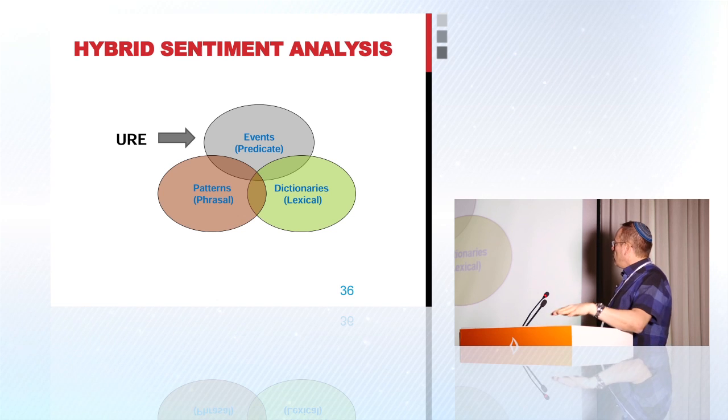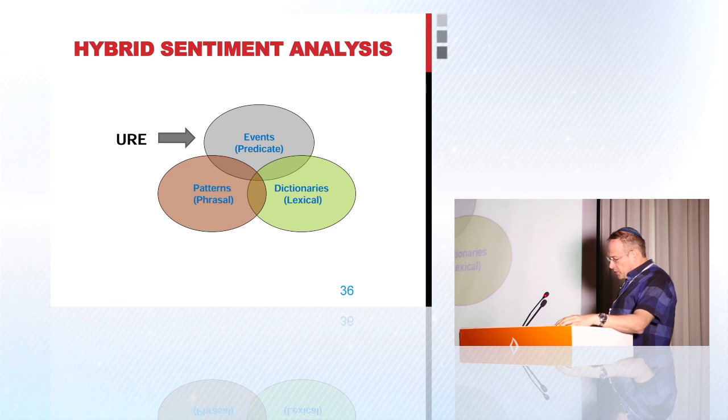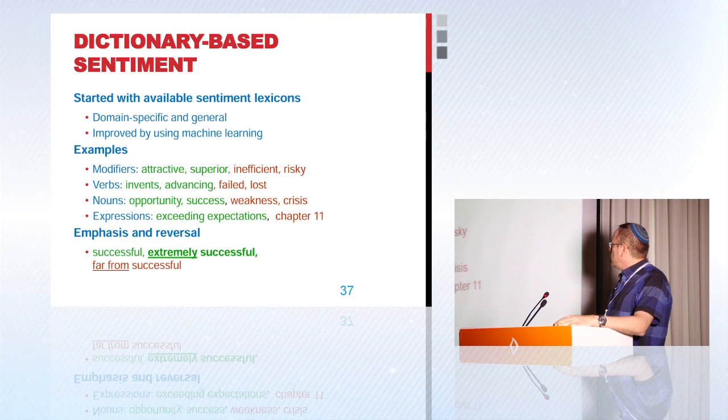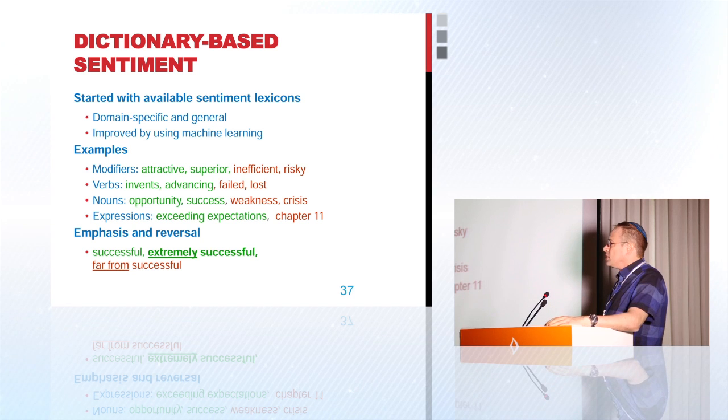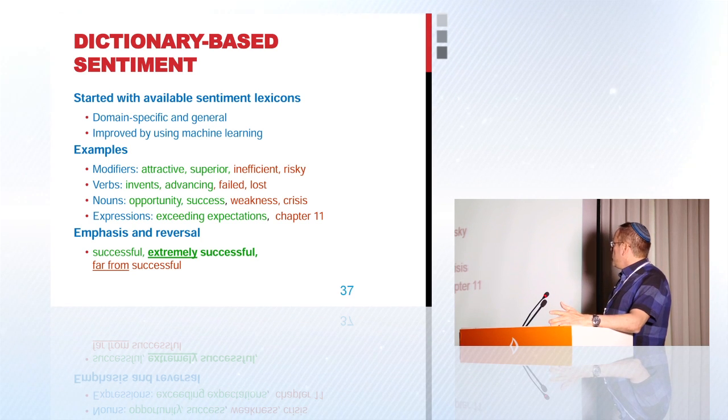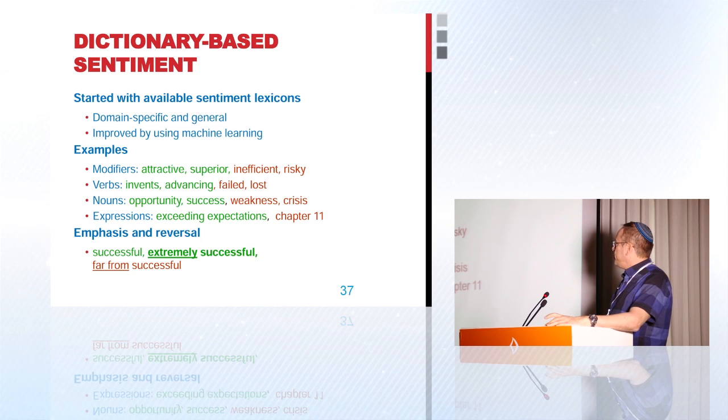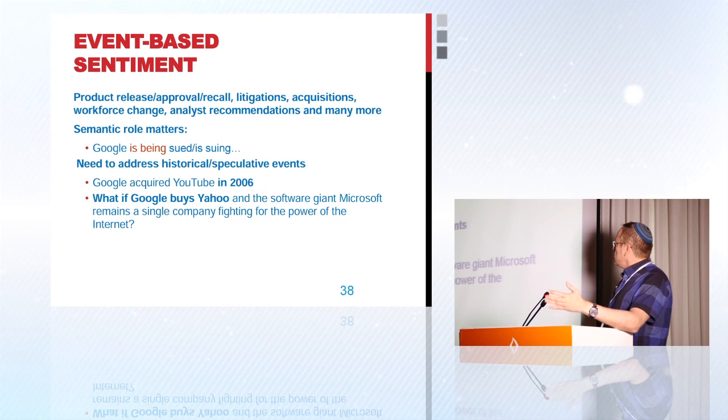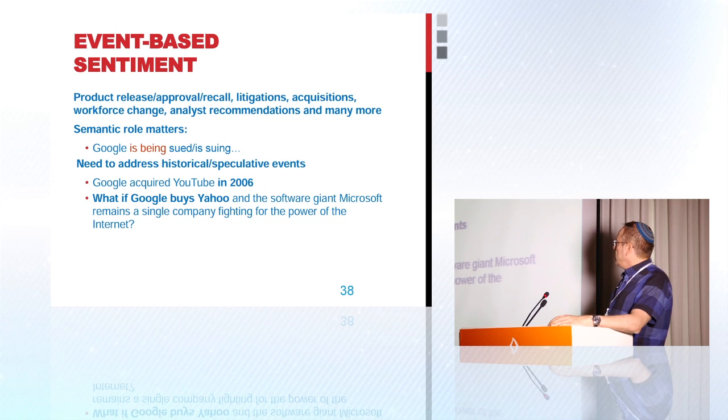So we find all those different events, and using the three models together, we can actually get the score. This is about the dictionary, which again, we use machine learning to basically perfect the dictionary for financial applications. You can see some of the examples for the events.